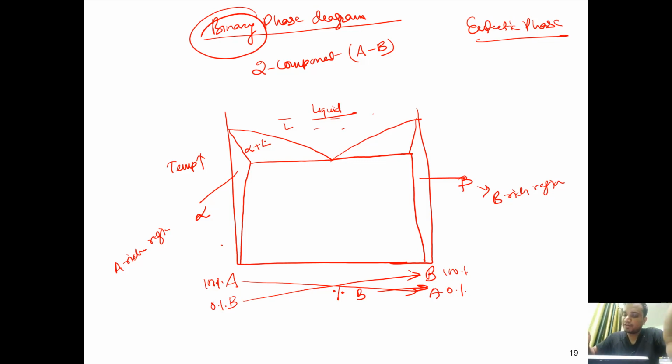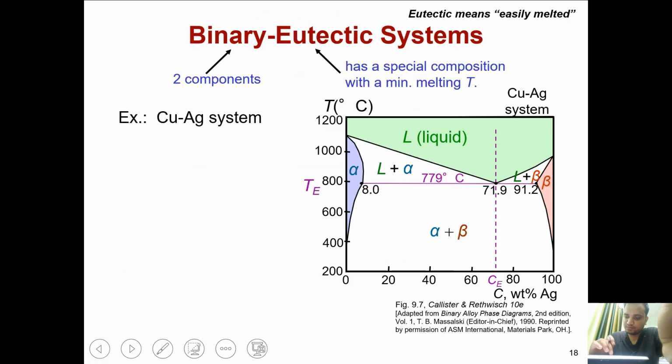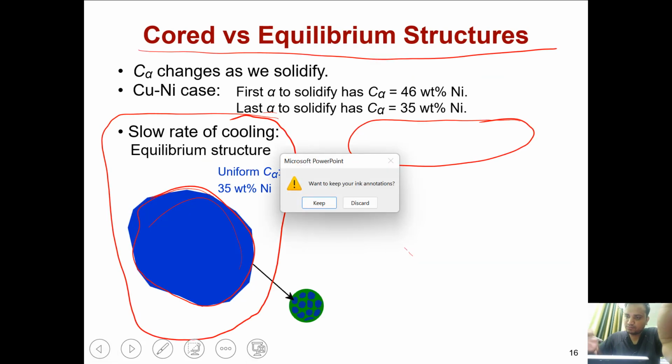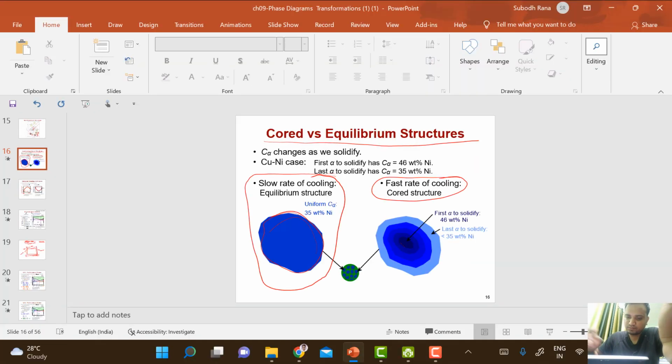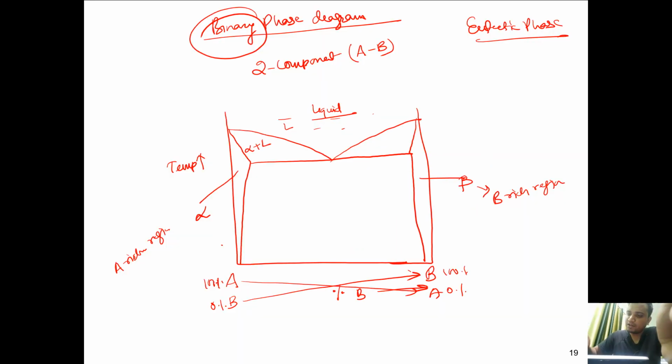And here it will be alpha plus beta, and this will be L plus beta, this region.